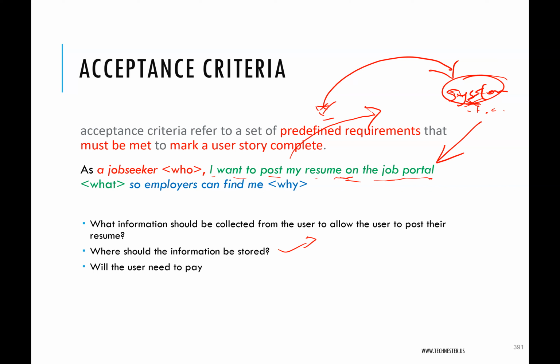If we wanted notification via email or something, then we'd say, as a user, I want to receive notifications via email so I can track. Right? So your requirements have to be clear. We should not be able to interpret it in multiple ways.